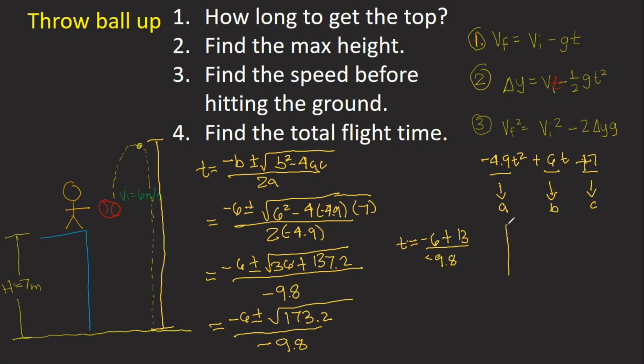And the other value of t is t equals negative 6 minus 13, over negative 9.8. So let's solve. 7 divided by negative 9.8 will result to negative.